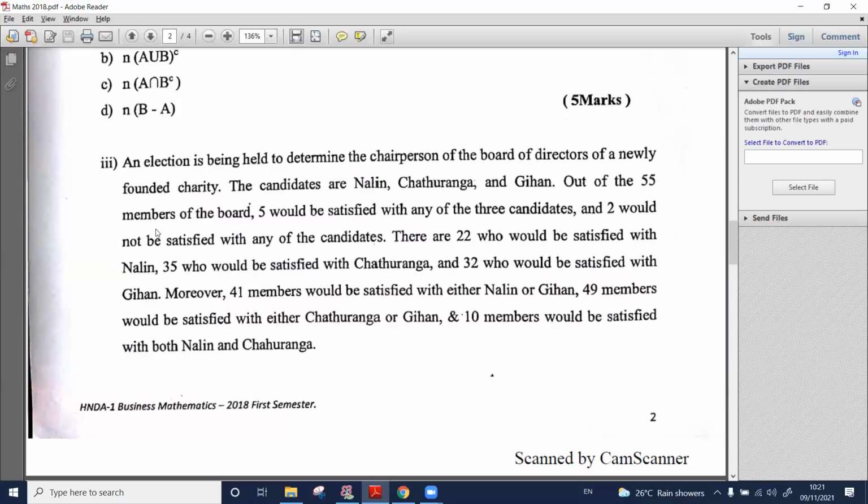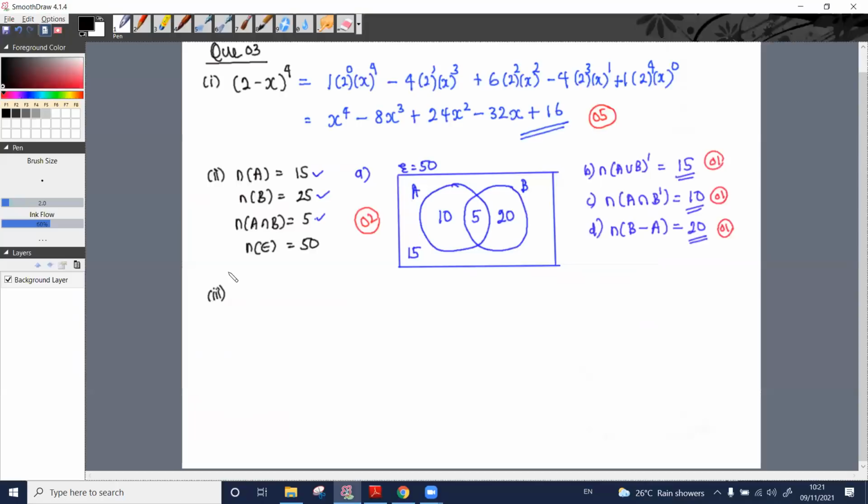Out of the 55 members of the board, 5 would be satisfied with any of these 3 candidates. So first, let's graph this.